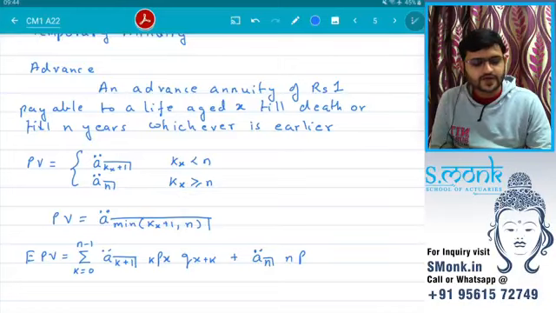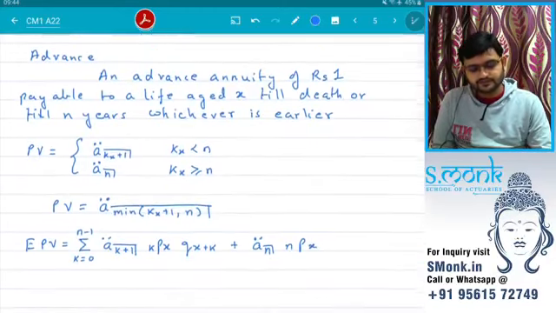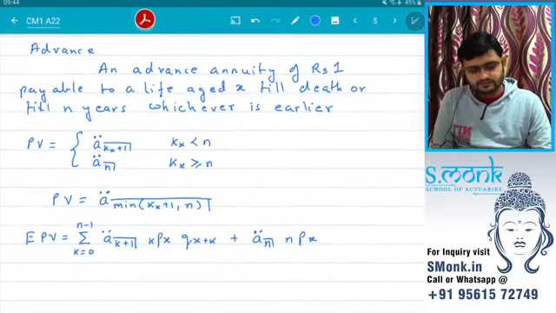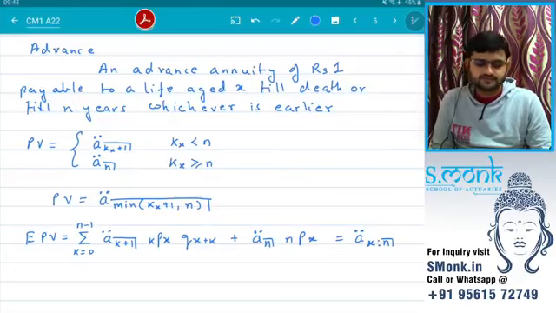If the person survives n years, then the payment of a due n would be given. This we will write as a due for age x going till n years. It's called our temporary annuity.